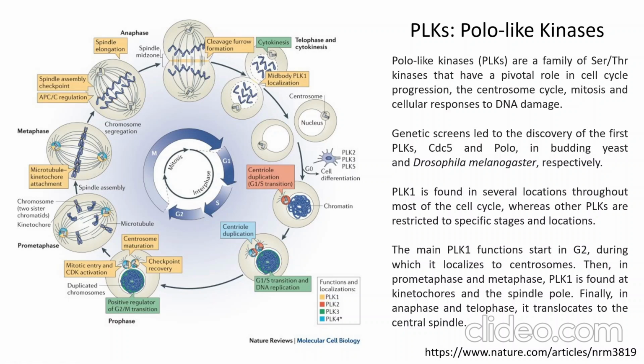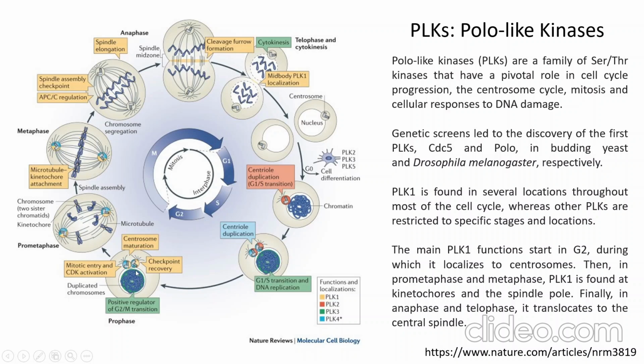The main PLK1 function here is that it starts in G2, during which it localizes to the centrosomes. It's important here for making sure that mitotic entry is taking place properly and CDK activation is happening. Found near the centrosome, it's important for centrosome maturation and checkpoint recovery.